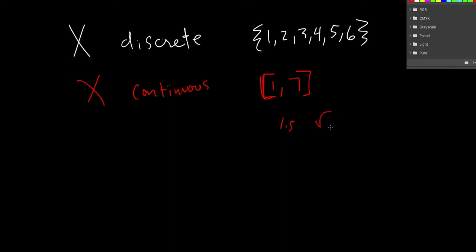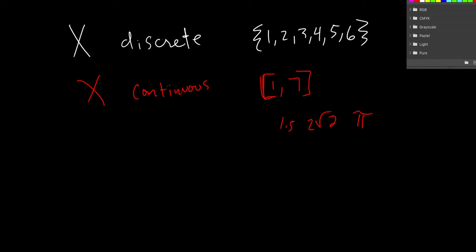We could have an outcome of 2 square root of 2, things like that. We could even have pi. So it's any real number in between 1 and 7. So continuous scale. Discrete, we have individual values that are allowed.